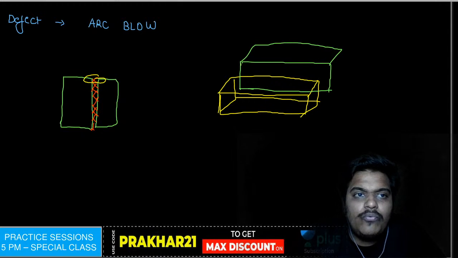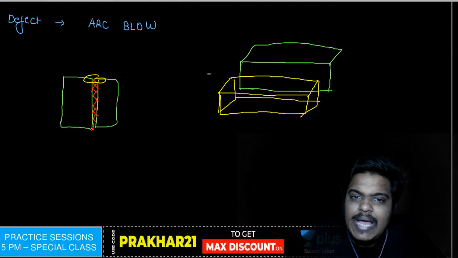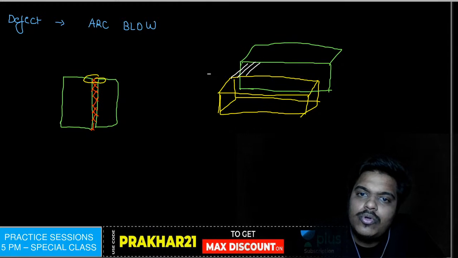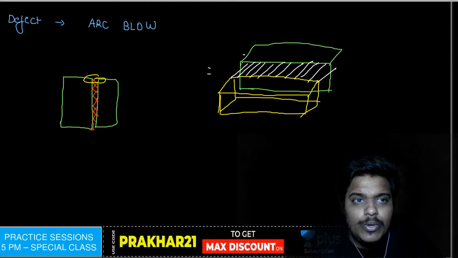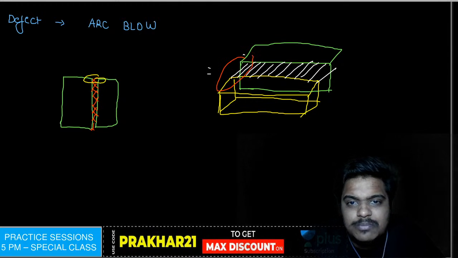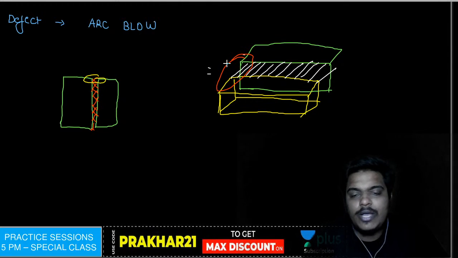Now, you want to fill this gap with the help of electrode material. Yes or no? You want to join these workpieces. Now, suppose I am doing the machining on this part.